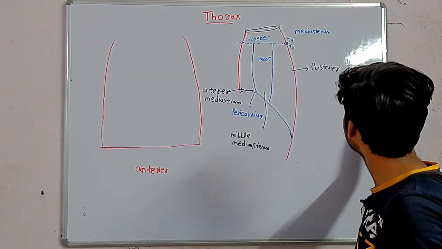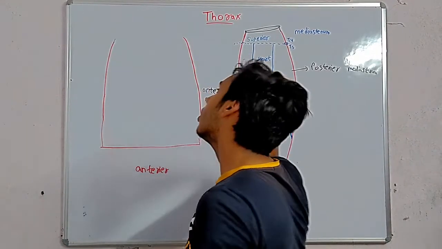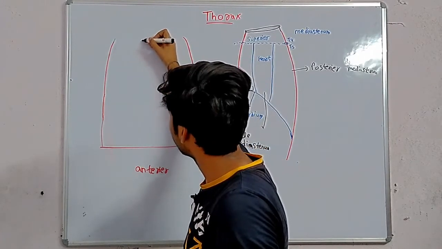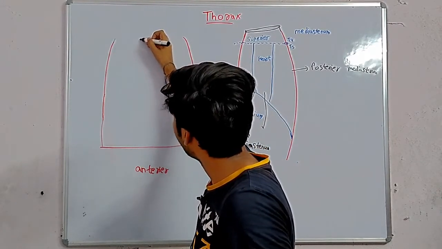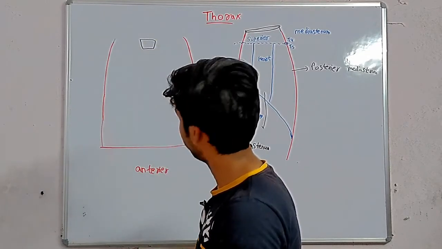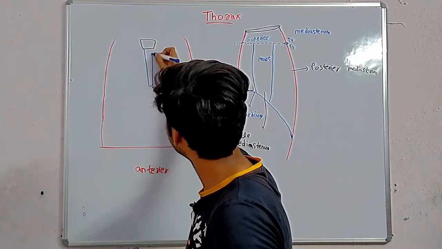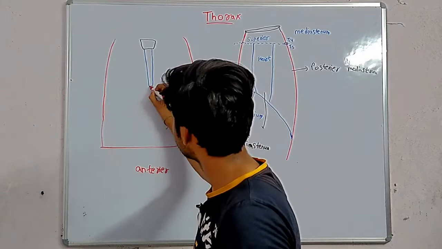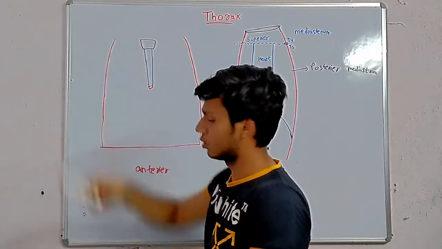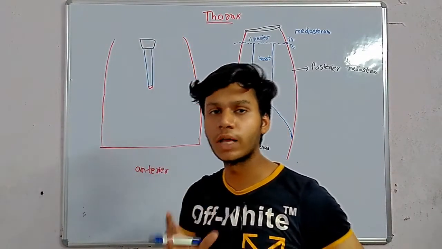Now take the anterior section. In anterior section, first we know there is sternum found at the center, and here is manubrium. Then this is sternum. This is xiphoid process. Then on back side we know the first thoracic vertebra.